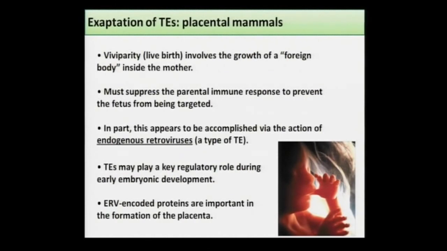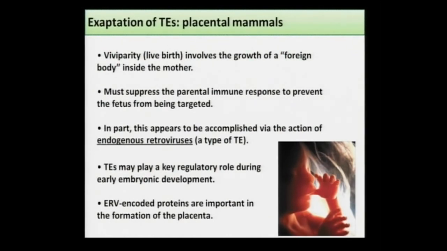If you look at the evolution of placental mammals as another major event in evolutionary history, you will still find traces of transposable elements having an influence. So, for example, if you are a placental mammal, you've got a foreign body developing inside the mother. It's not genetically identical. The immune system would otherwise attack it.